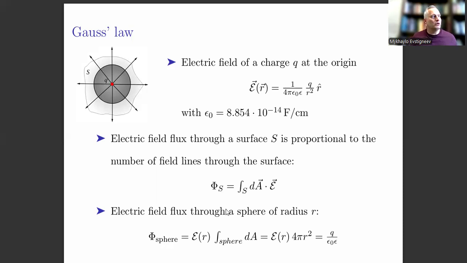Of course, the area of a sphere of radius r is 4 pi r squared, and the electric field is given by Coulomb's law, q over 4 pi epsilon naught epsilon r squared. Now notice that this 4 pi r squared and this 4 pi r squared in the denominator of the electric field mutually cancel, which means that the flux through the sphere is the ratio of the charge inside the sphere divided by epsilon naught epsilon.